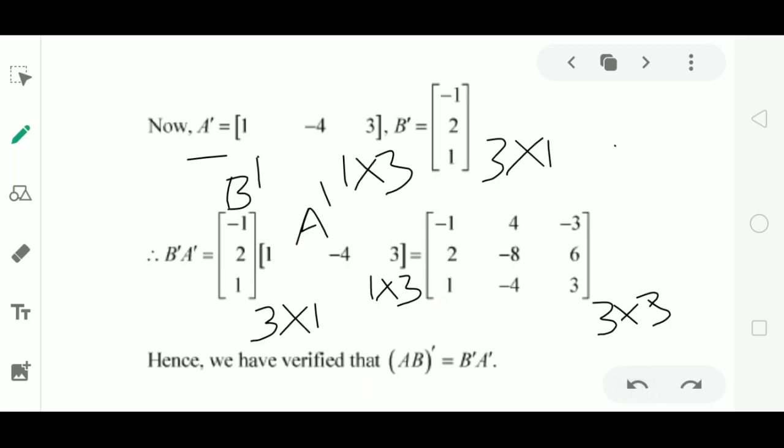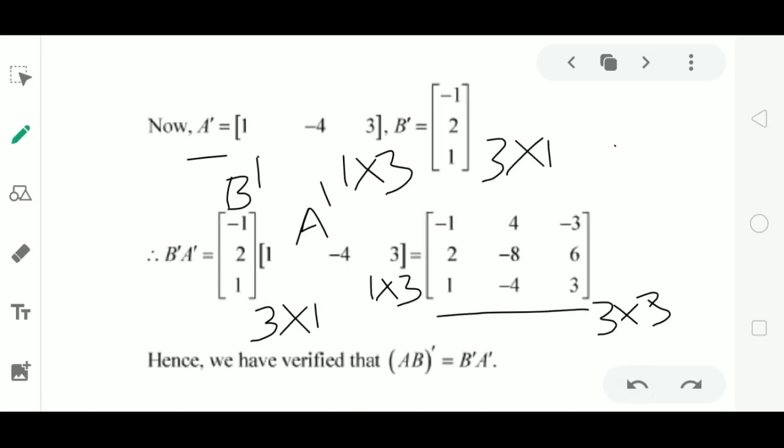For the element lying in the third row, second column, we consider the third row of B dash and the second column of A dash. 1 into minus 4 is minus 4. For the last element lying in the third row, third column, we consider the third row of B dash and the third column of A dash. 1 into 3 is 3.